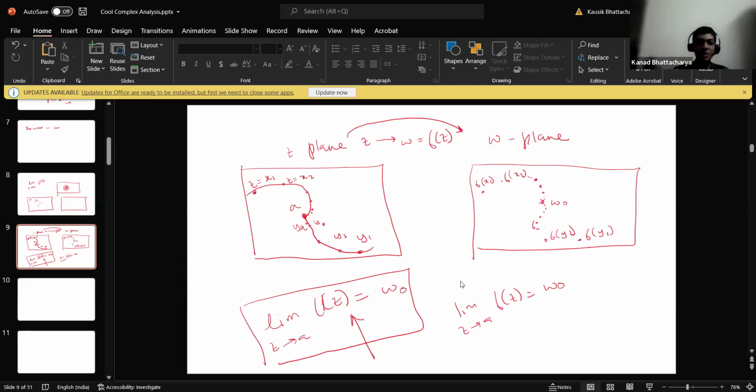So no matter which way you take while going towards a, f of z will only go towards w0.